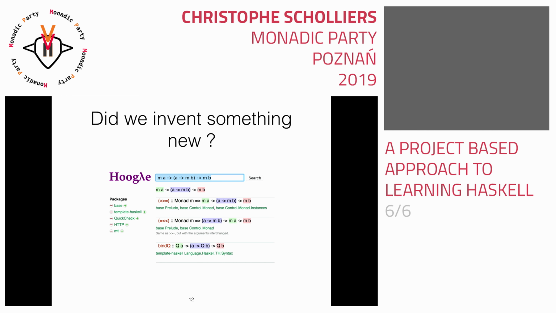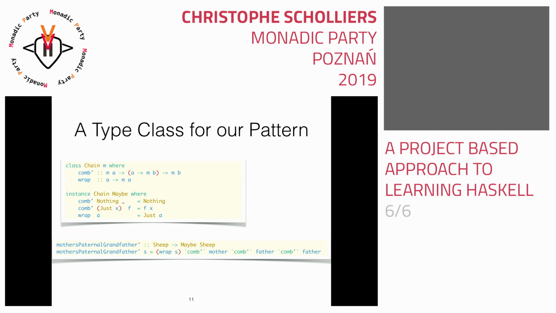So I kind of tricked you into understanding what the monad type class is by calling it chain, but this is it, right? There is actually nothing more to understanding the type class. There is a lot more about understanding why you would like to use monads and so on, but this is basically it.